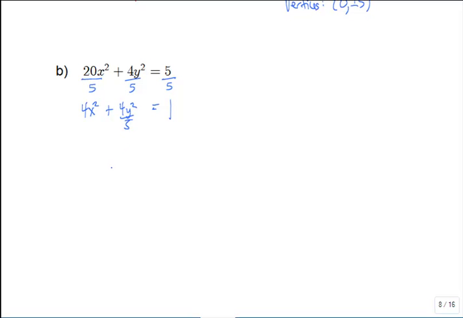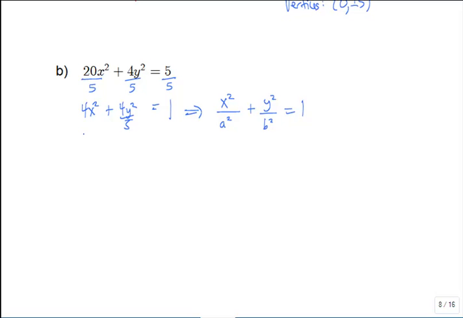Now this is kind of tricky, what we're going to do next, but think about what this is. When we see an ellipse, usually we see the x squared by itself, and then we see a number underneath it. And likewise for the y, we see the y squared by itself on top, and then some square underneath it. That's what we want to try to turn this into. So how do I get rid of this 4 on top? Well, right now it's being multiplied by 4, so think about what would be an alternative to multiplying by 4.